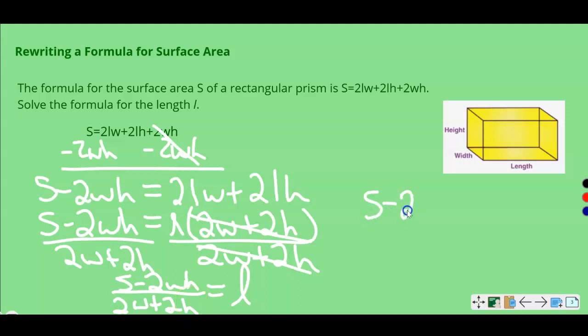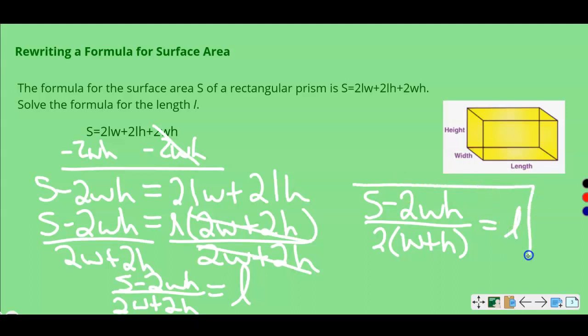S minus 2WH over. Now you can see that both of these have a 2, a common factor of 2. So if you want to rewrite that as 2 times W plus H, that is equivalent. That's the same thing, and that equals your length.